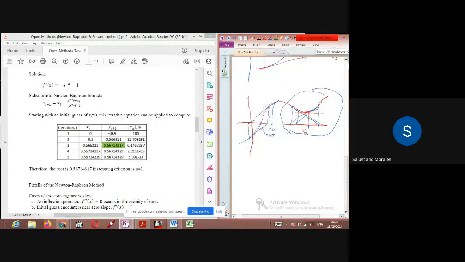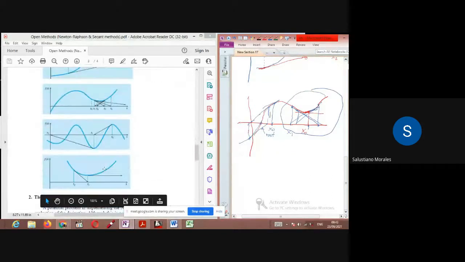Kinompute natin yung x_{i+1} using the formula. Then, ang bagong value ng x_i should be the latest value of x_{i+1}. Compute again the new value of x_{i+1}, and so on. And we're going to monitor also the value of the relative approximate error so that we know what iteration we're going to stop in the calculation. And so, ganun lang yung algorithm. So, madali, okay?